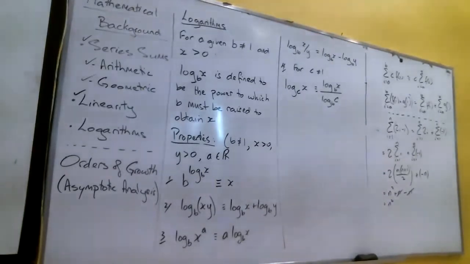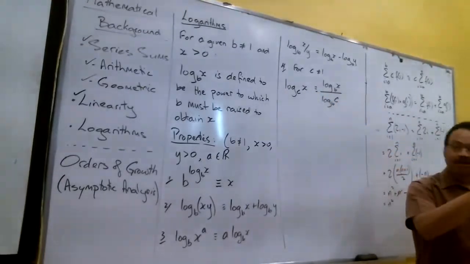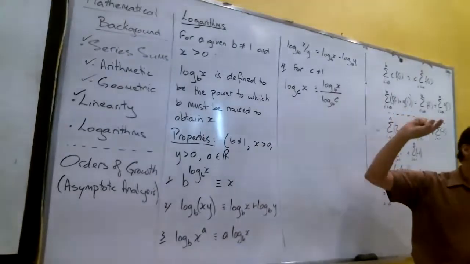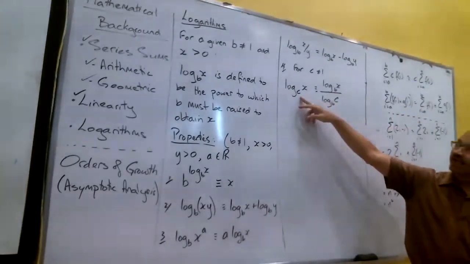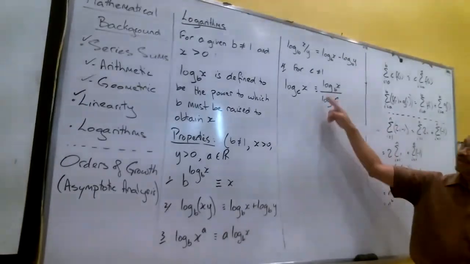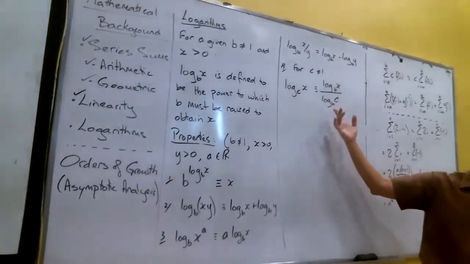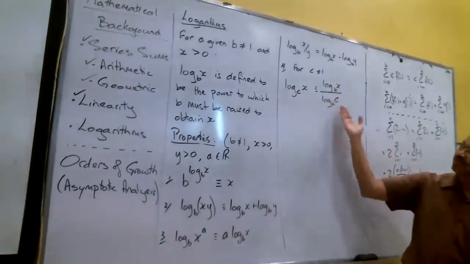But if I'm interested in the pattern, in terms of how this function grows as I put in bigger and bigger values of x, this formula tells you that the relationship between whether I'm working base 10 or base 2 is only going to change by the ratio of this constant here. The constant being the log of 10 base 2, if I'm working with C being 10 and B being 2.